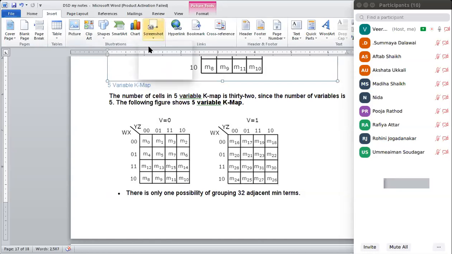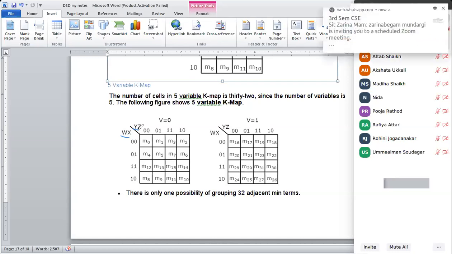These four variables, W, X, Y, Z, and there will be one more variable, the fifth variable, V, of V, W, X, Y, Z, or A, B, C, D, E, where I'll keep A aside. A may be 0 and 1, but the four variables are B, C, D, E.